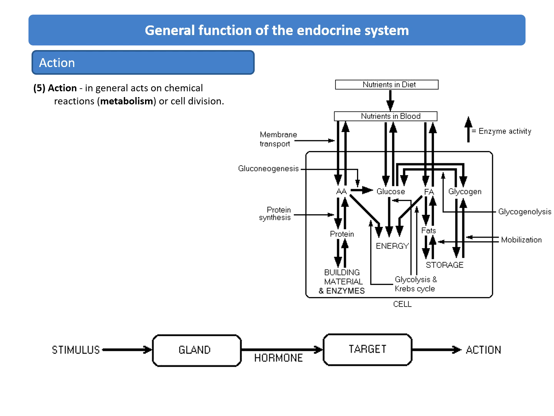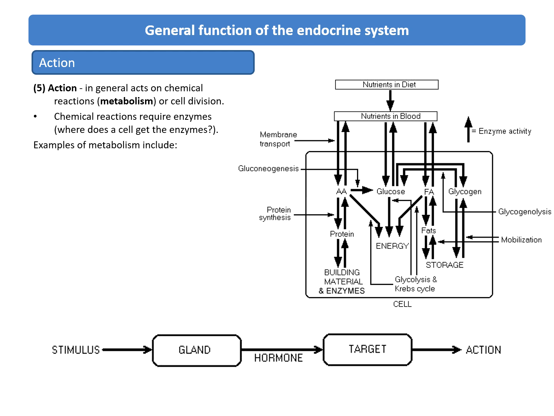The action, in general, acts on chemical reactions, metabolism. As we said, you might think of the endocrine system as a metabolism regulator. Chemical reactions, as you know, require enzymes. Where does the cell get enzymes? Protein synthesis.